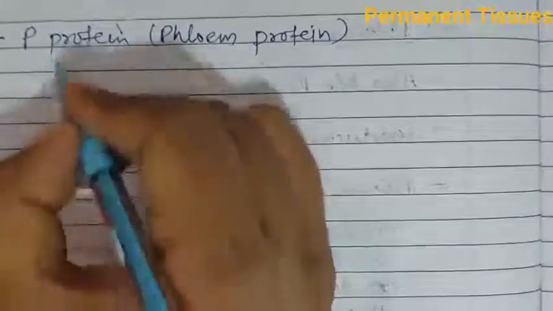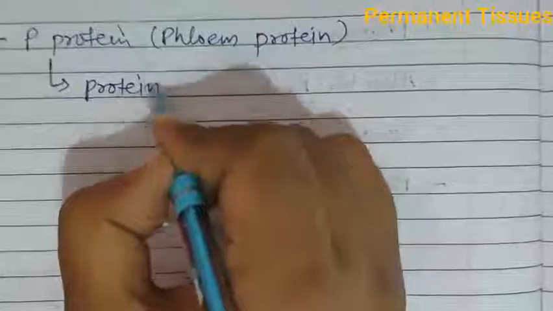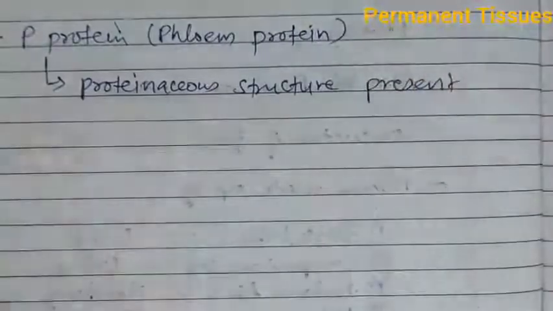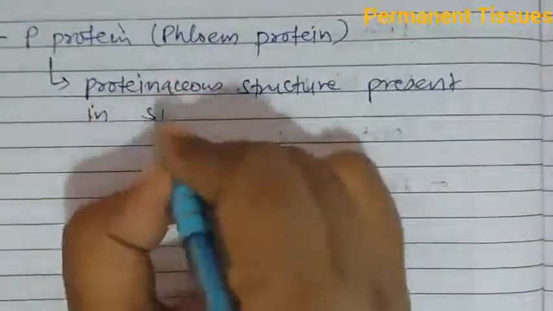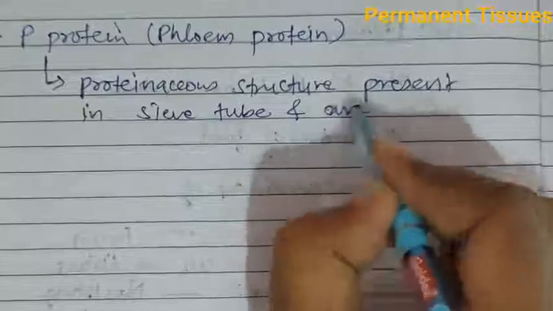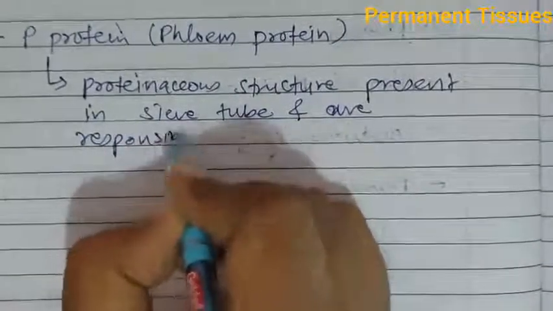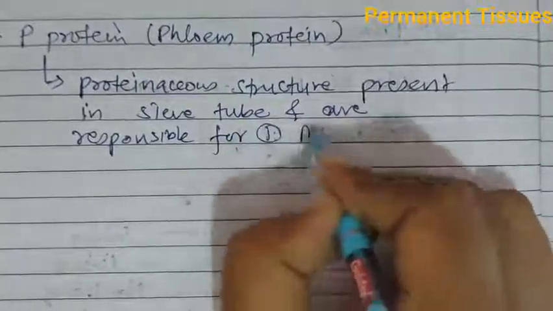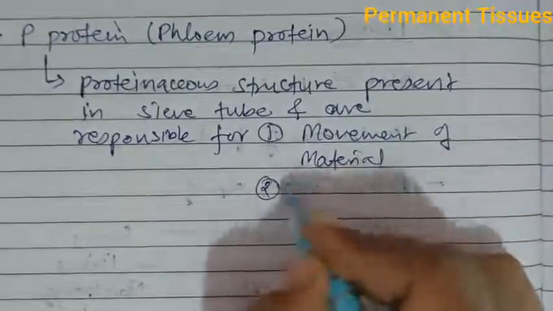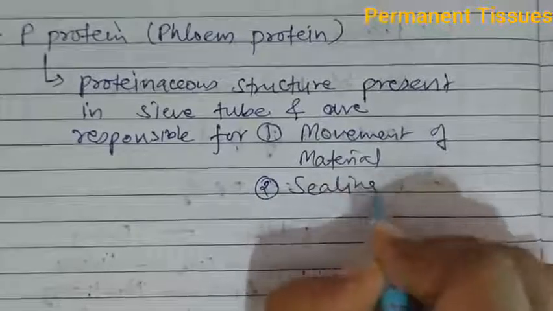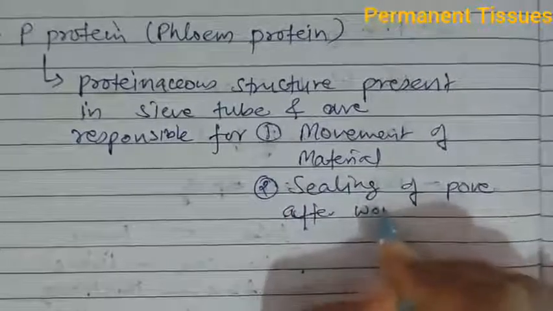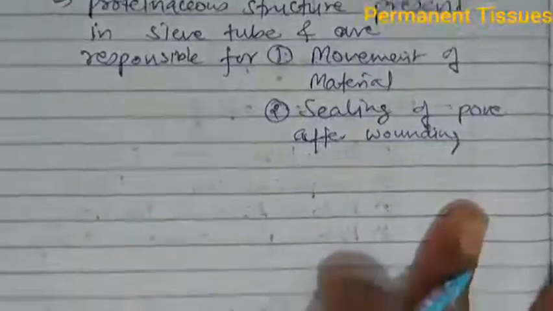They are proteinaceous structures present in the sieve tube, and are believed to be responsible for movement of material, and number two, sealing of pores after wounding. Now remember this phloem protein is present at the sieve plate.